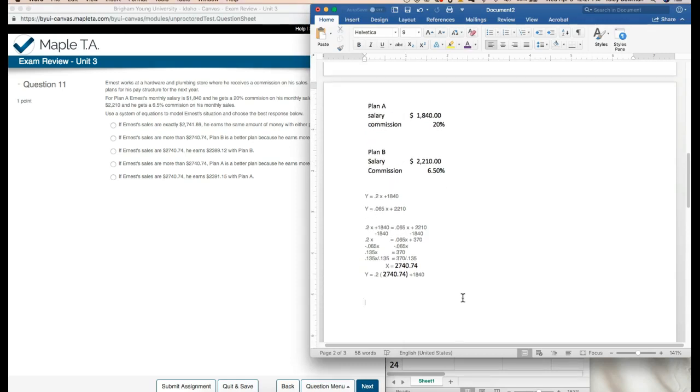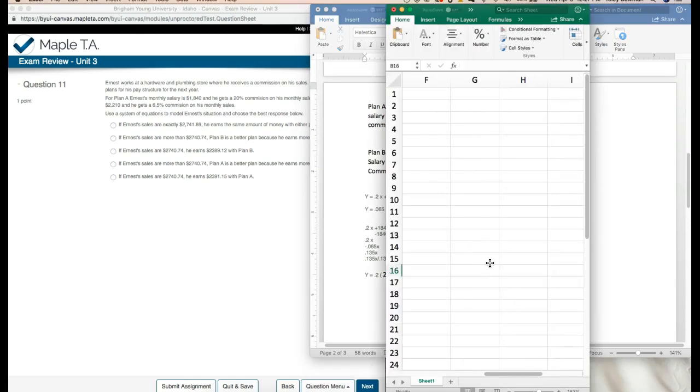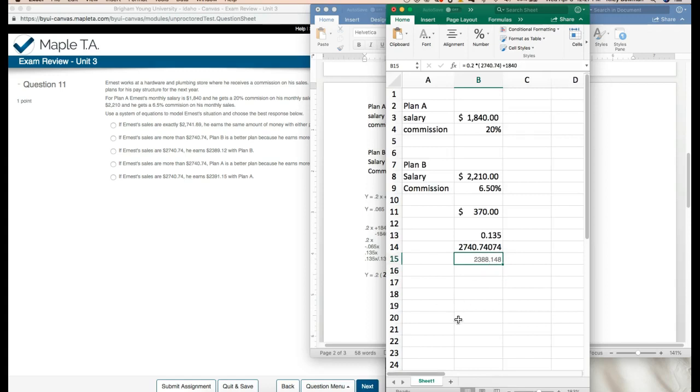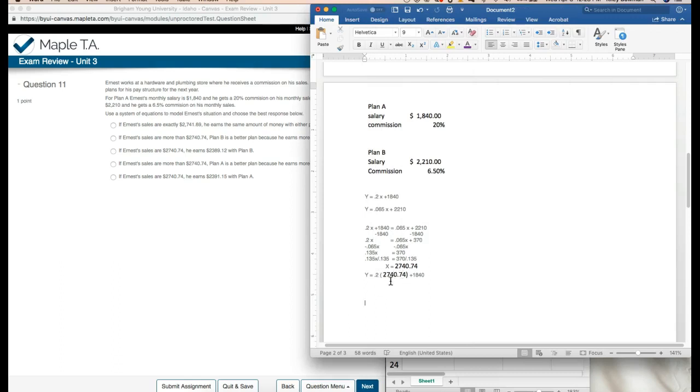Did we write it down? Oh, it's in here. We got $2,388.14, and it will be the same no matter which plan, because it doesn't matter which one we plug that in, because that's where they intersect. So it's actually off a little bit.